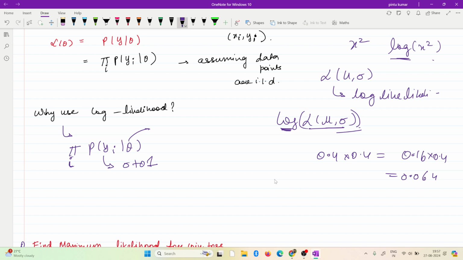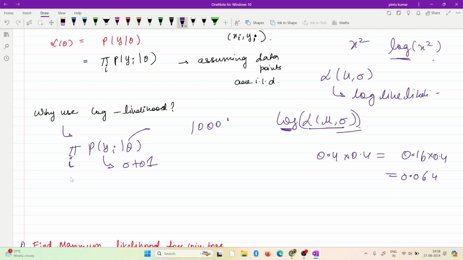So if you have, let's say, 1000 data points, and you are multiplying 1000 values between 0 and 1, you will get very, very small values that become intractable. There is no point talking about maximizing or minimizing such a small value. It becomes very difficult.